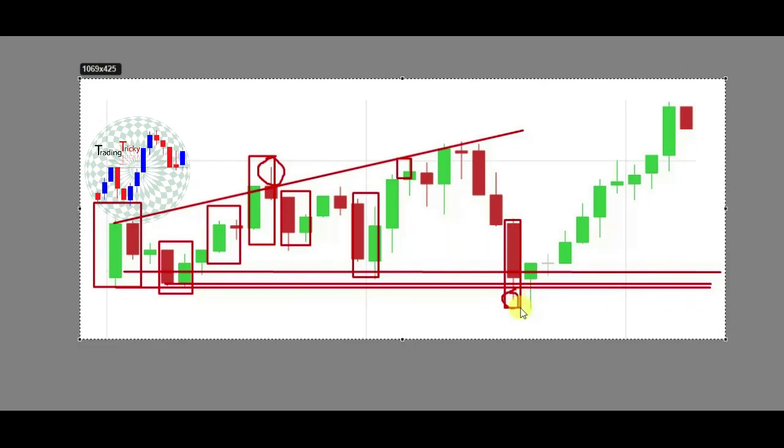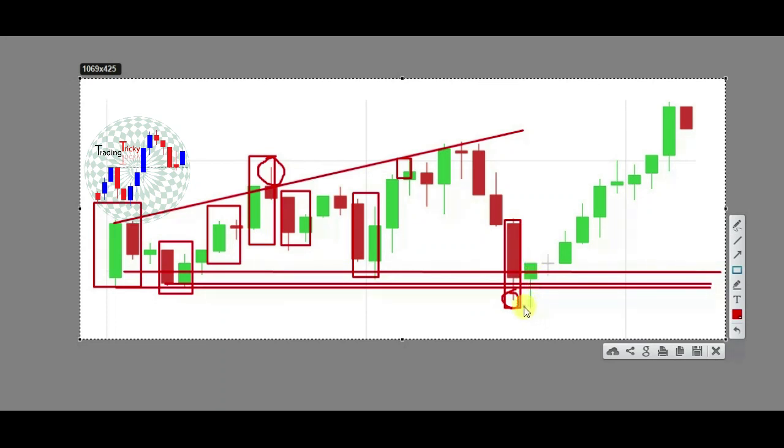Now we will consider this a rejection. We will not consider this a new low, because the candle closes at the level and has rejection, and it is a strong candle. I'll tell you all about candles later, this is just for your understanding. That's the reason we can see a buyer's entry here.